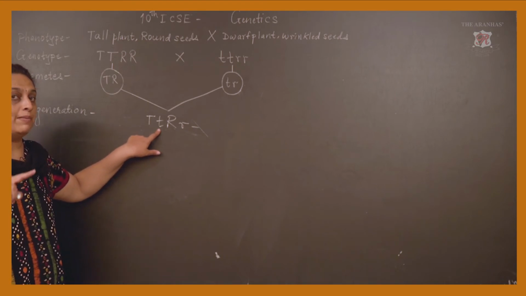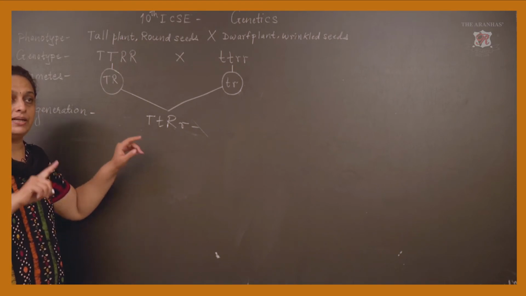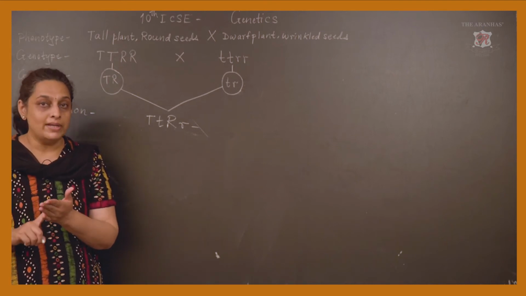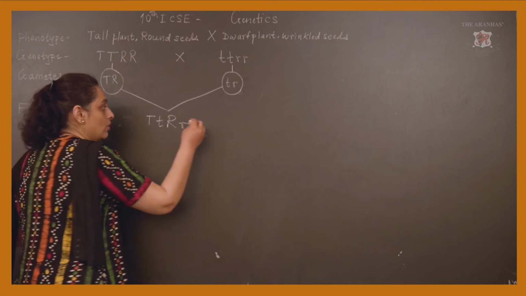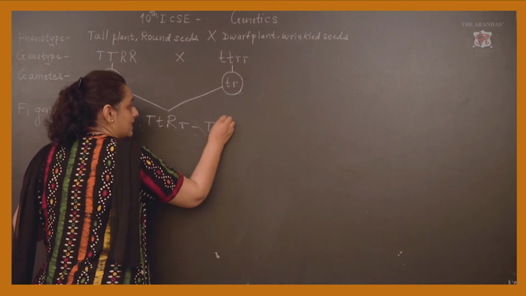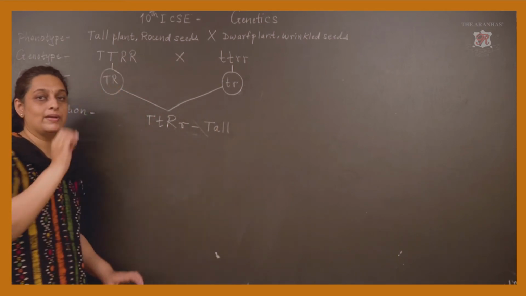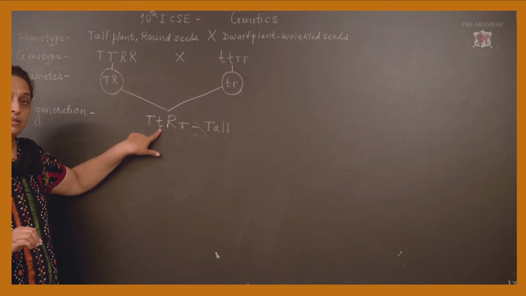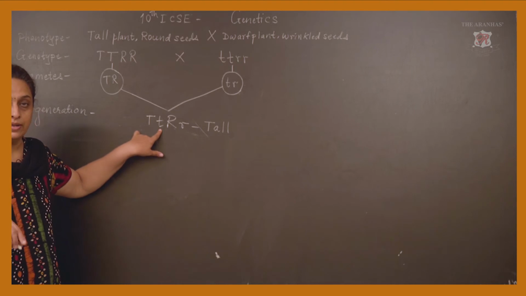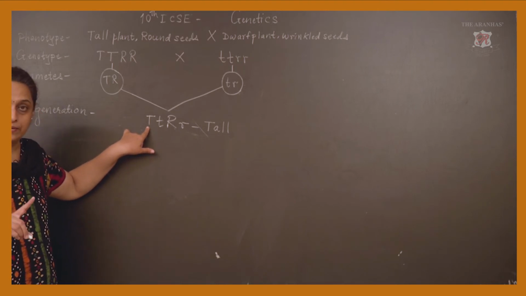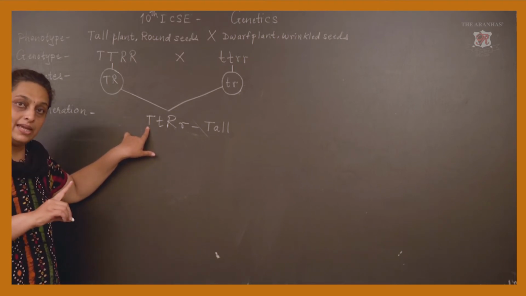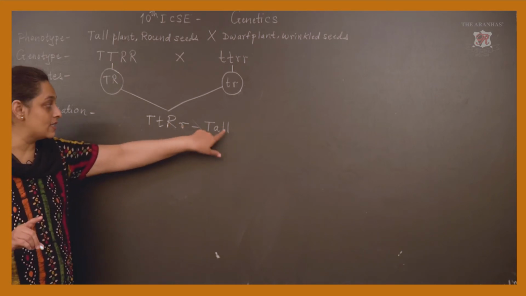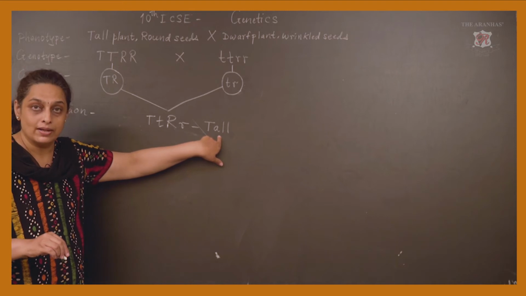Now from the monohybrid cross, you know that if capital T, small t come together, tall is dominant over dwarf. So the same rule is applicable here. Here also height will be tall because there is capital T. So capital T will dominate small t completely, and that is why plants are going to be tall.